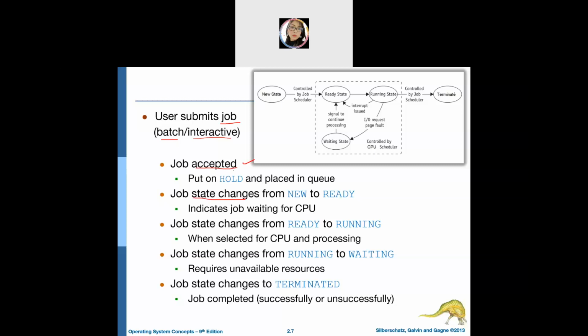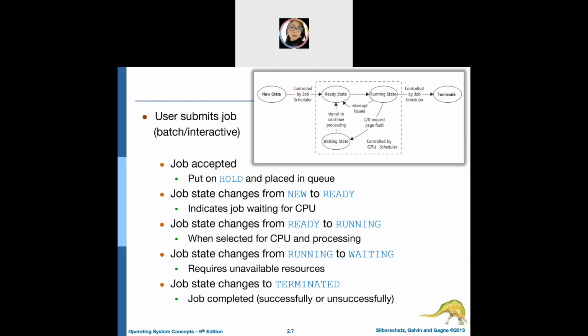Accept means that you put a hold and place it in the queue. The rest is changing the state: from new to ready, from ready to running, from running to waiting, and also changing to terminate. So this is all one process, 2, 3, 4. This is also under job state changing.